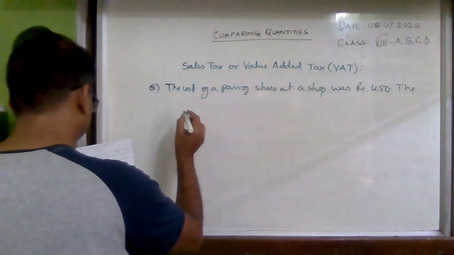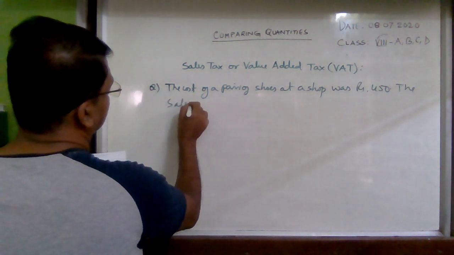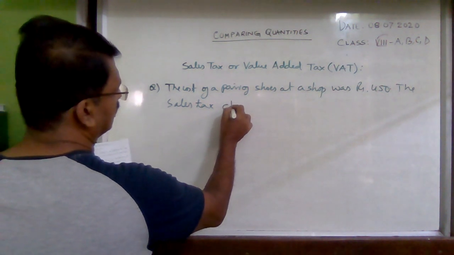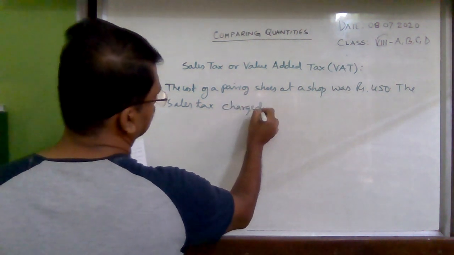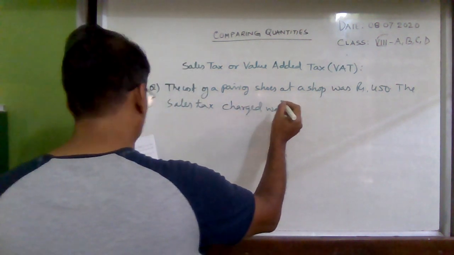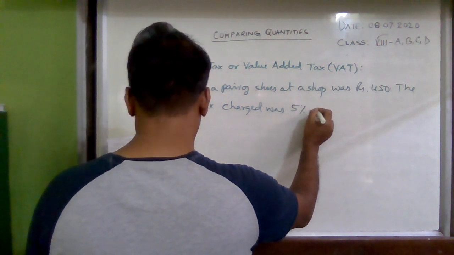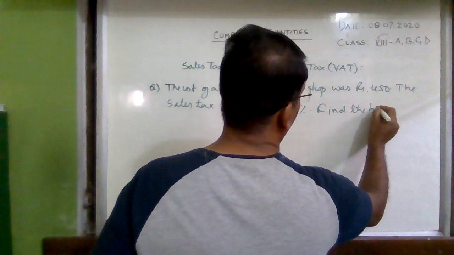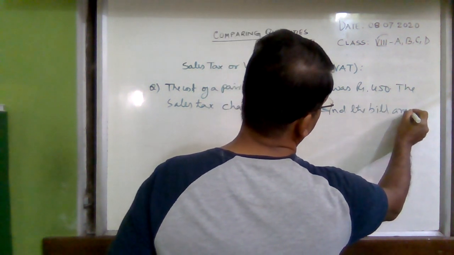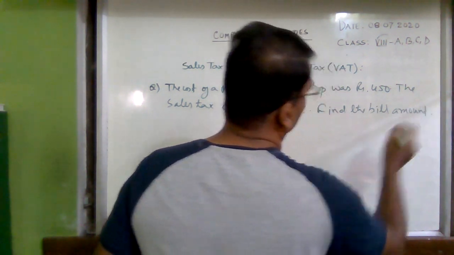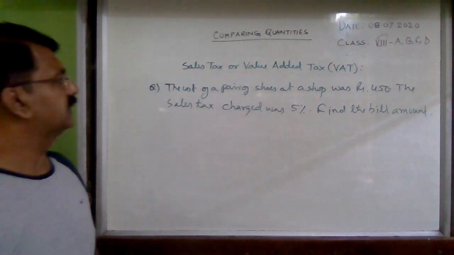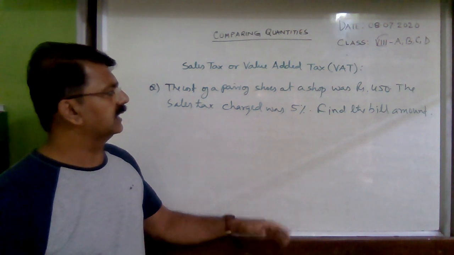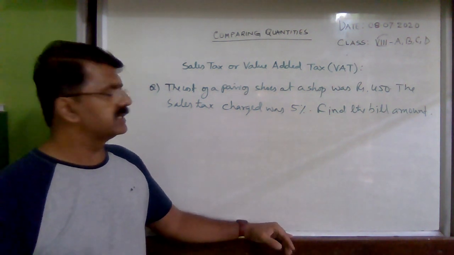The sales tax charged was 5%. Find the bill amount. Bill amount means the total, the final money that the customer has to pay is the bill amount.